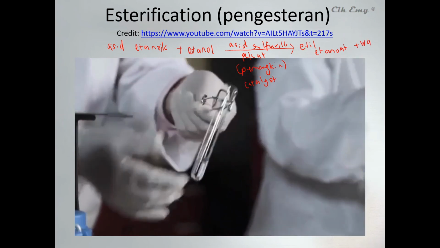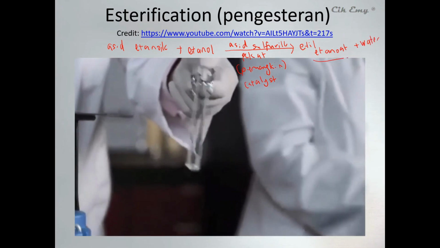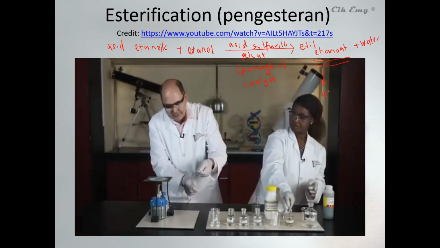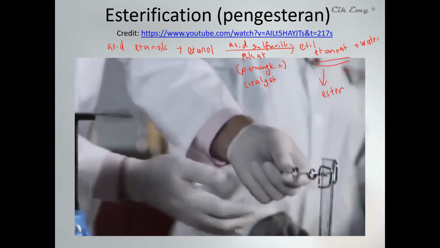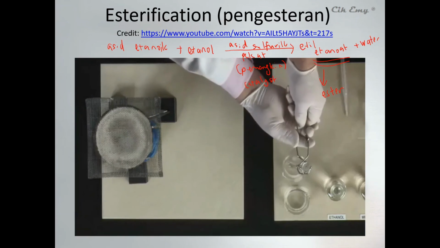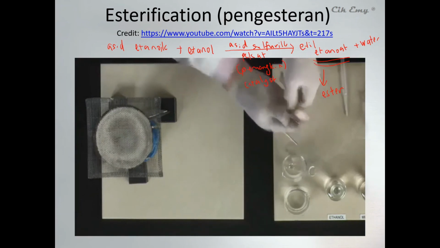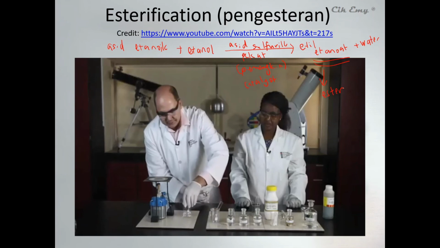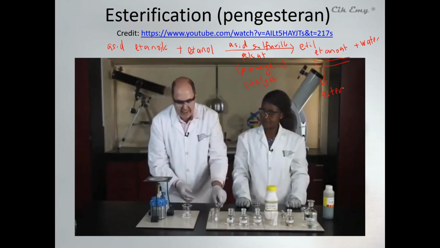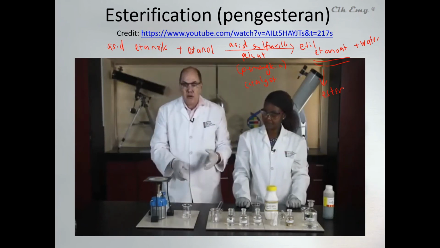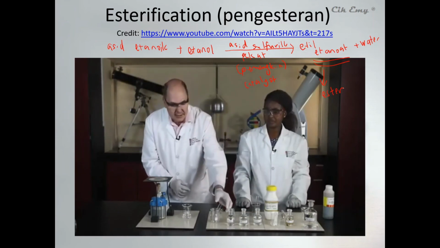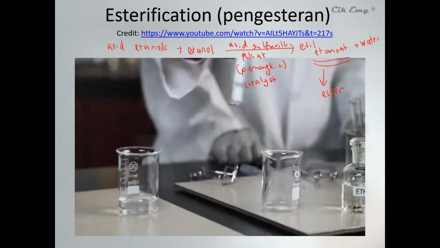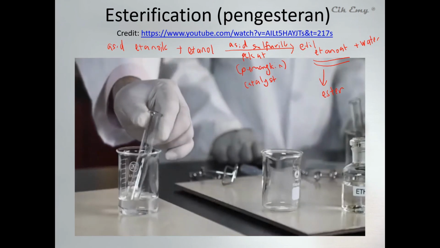Lovely, lovely. Swirl it. It doesn't look like much is happening, but this mixture is starting to get hot. I'm going to rest the test tube in this beaker over here for a moment while we get our water bath ready. So we've already added about 10 mils of water into this beaker, and we're going to now take our test tube with our reaction mixture and place it into that beaker.